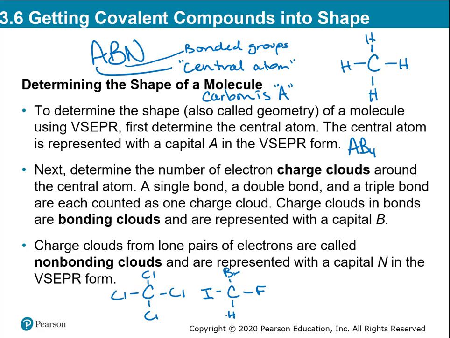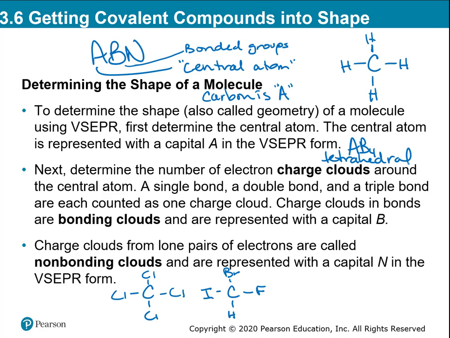I don't care what the groups are. I don't care if they're single, double, or triple bonded groups, just how many groups are connected to the atom that's called A, the center. So anytime you see carbon with 4 single bonds, it will always have the tetrahedral shape. It doesn't matter if it's a carbon with 4 chlorines or a carbon with a bromine, a fluorine, an iodine, and a hydrogen. They're always going to be tetrahedral because it's AB4.